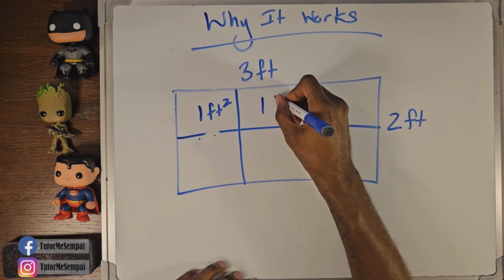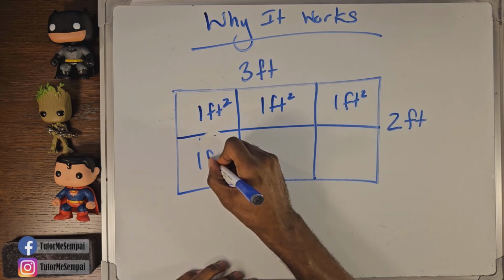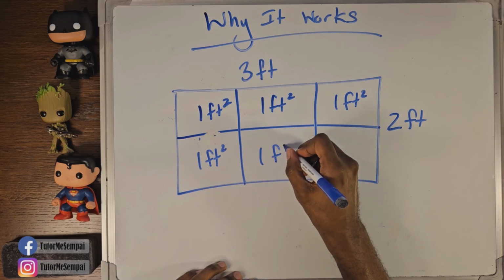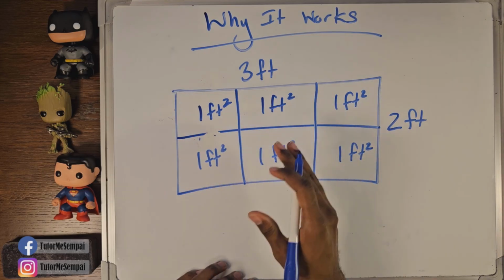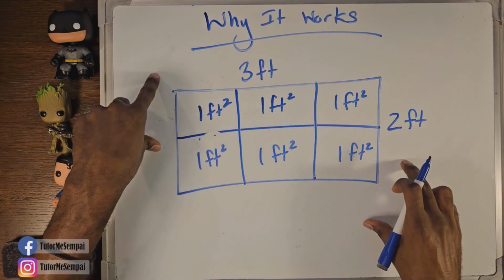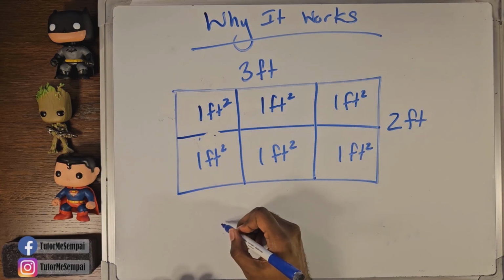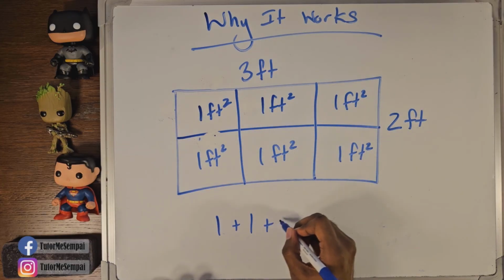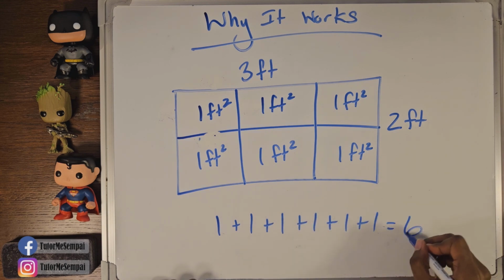So if all of these have the same exact area, what are we actually doing here? We're simply adding all of these up. So if you know the area for this, and you're trying to find the area for the entire rectangle, add up all these little squares, which is going to be 1 plus 1 plus 1 plus 1 plus 1 plus 1 gives you 6.